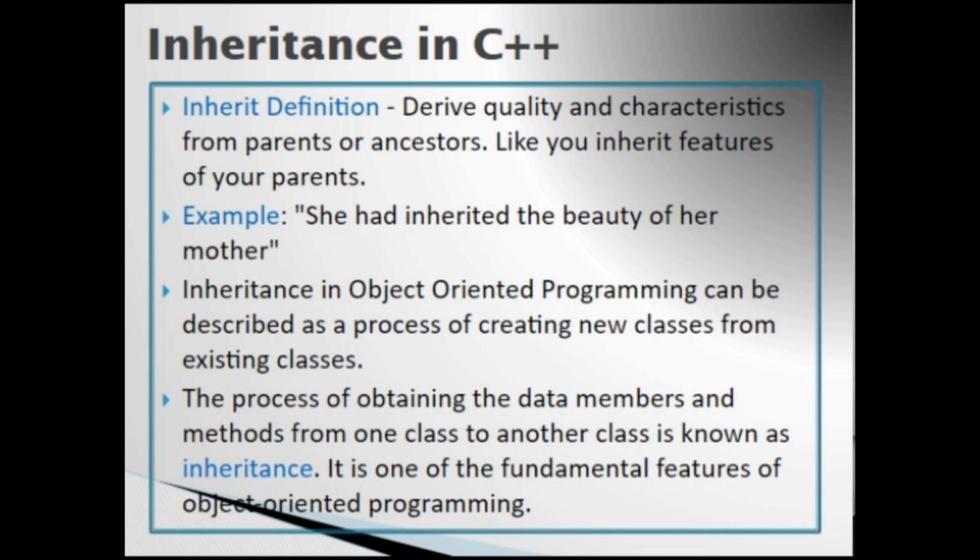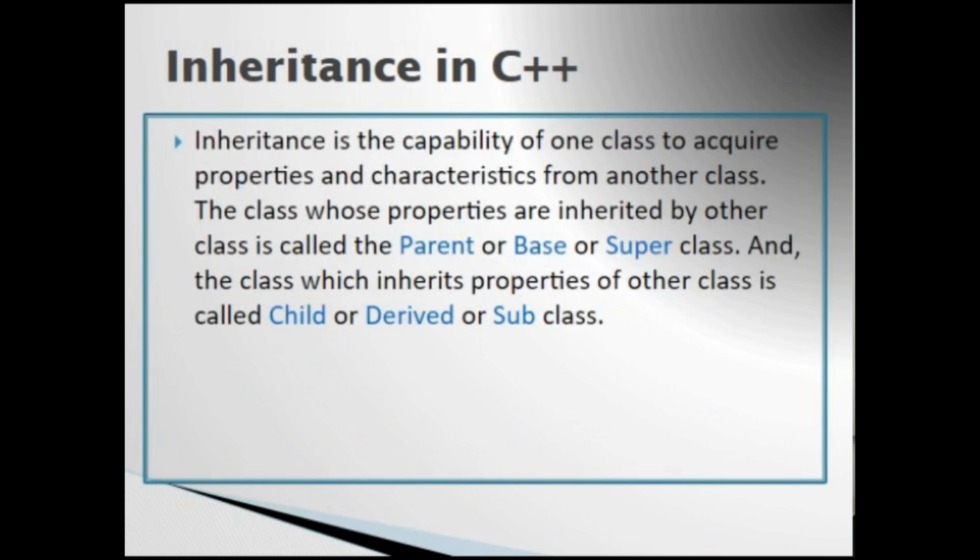So from an existing class all the data members and member functions we are going to inherit or use in a new class. This concept is known as inheritance, and it is one of the fundamental features of object oriented programming. Inheritance is the capability of one class to acquire the properties and characteristics from another class.